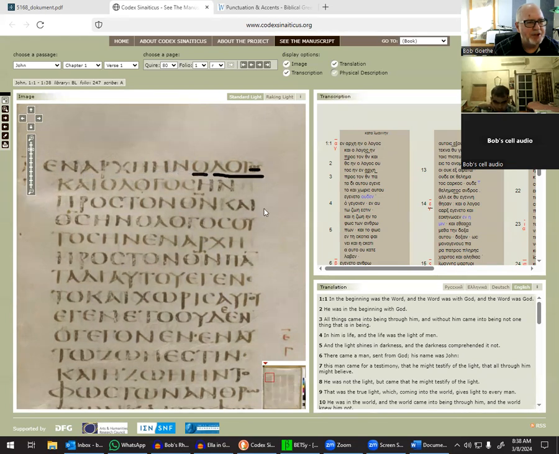And they included the sigma small because they ran out of space. So you can see that the way the New Testament was originally written was with all uppercase letters and no spaces, no paragraphs, no punctuation.